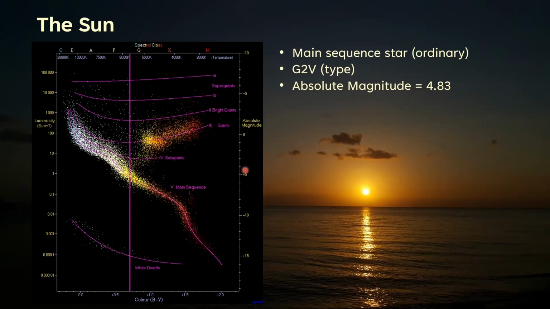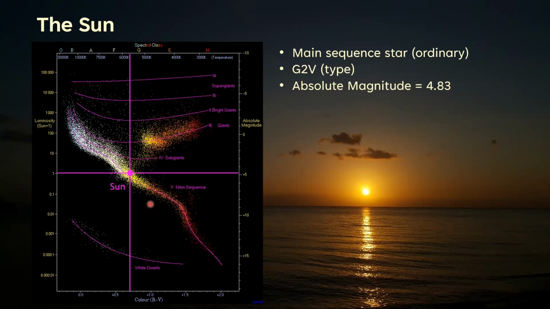If we draw a horizontal line passing through the value of 4.83 in absolute magnitude, that is equivalent to a luminosity of 1, where the luminosity of the sun is 1, and the rest are relative luminosities, relative to the sun. If you draw that horizontal line, it will be somewhere here. The intersection of these two lines is where we can find the sun in this HR diagram relative to the other stars.